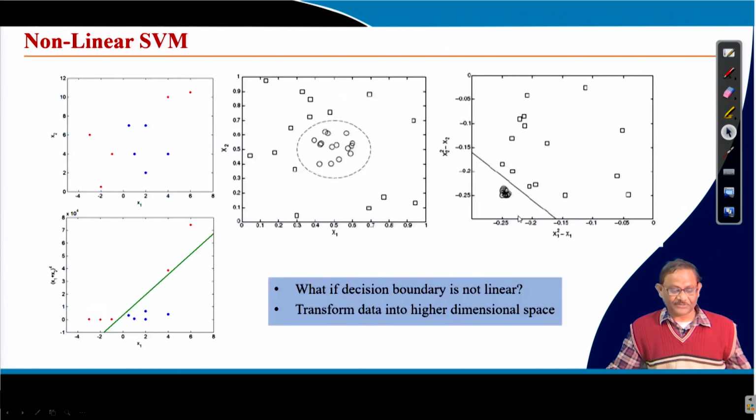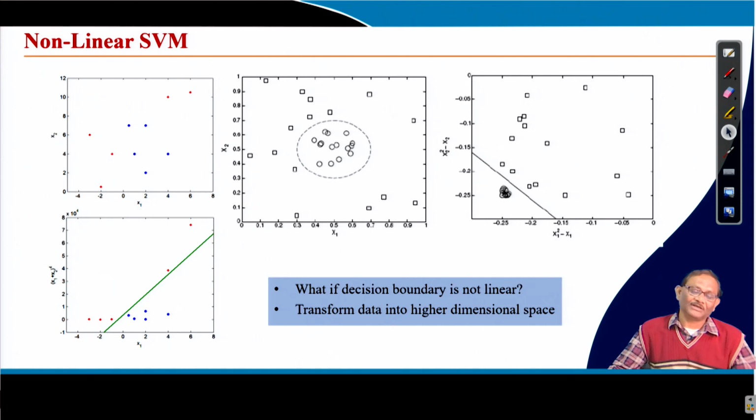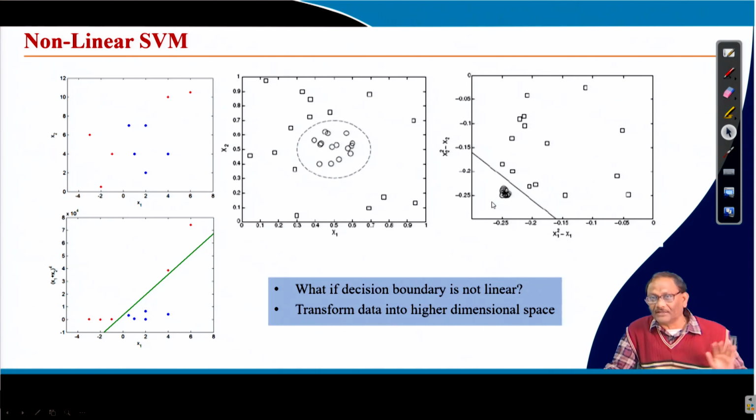Another issue is that we have now conceptually completed two things: completely linearly separable with a hard margin, and linearly separable with a soft margin, introducing the slack variable. Now the situation is where you cannot linearly separate them.